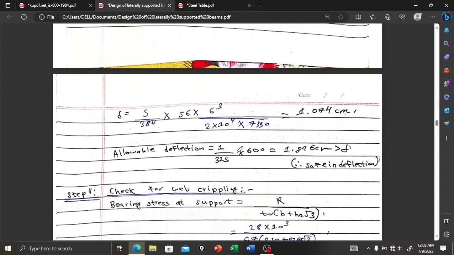So deflection delta is 1.073, and allowable deflection is 1 by 325 into 600, that is 1.846, which is greater than delta 1.074, so safe in deflection.